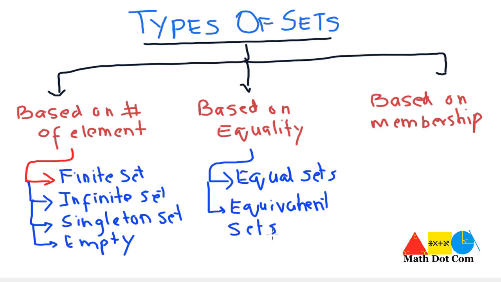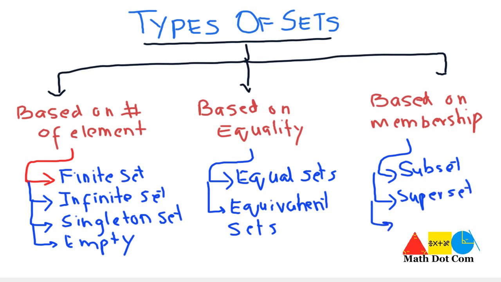And the types of sets based on membership are subset, another is superset, then proper subset, which is a type of subset but comes under this heading, and the other is improper subset.